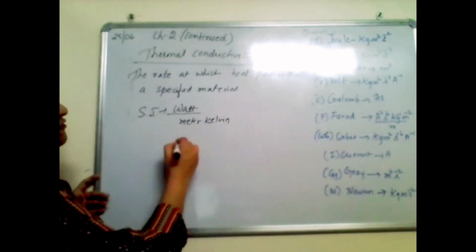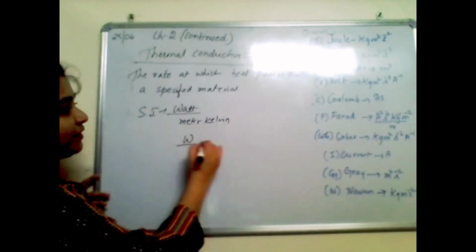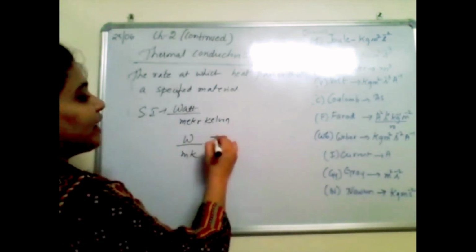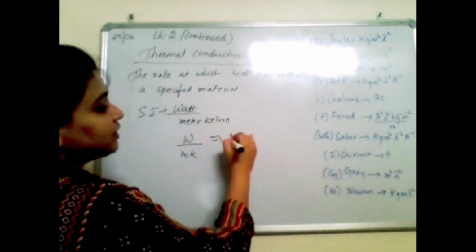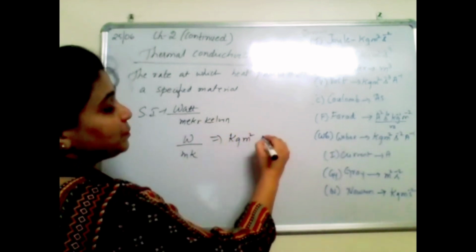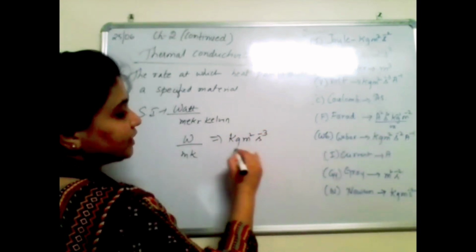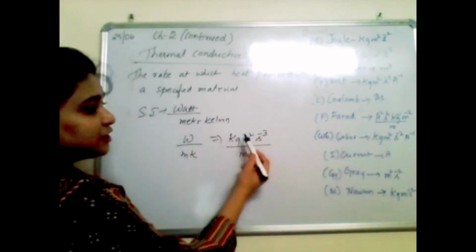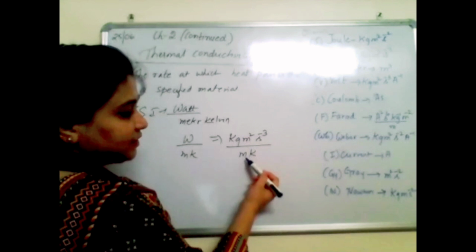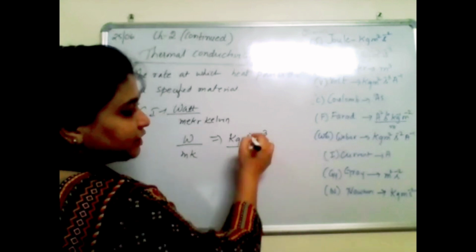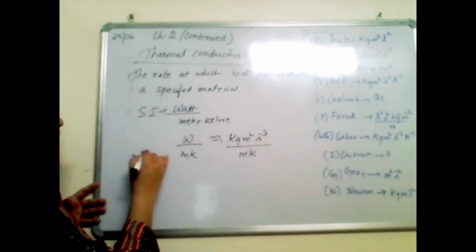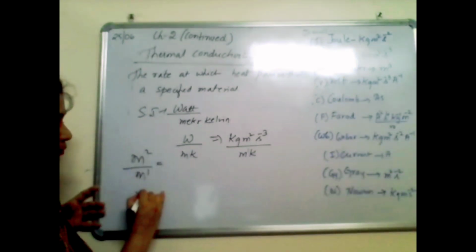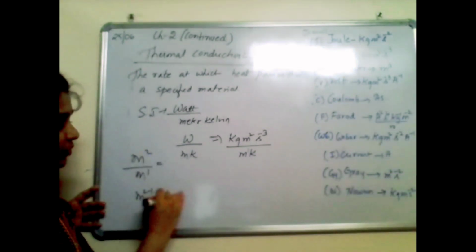So we know that watt is W divided by meter Kelvin. Watt is nothing but kg meter square per second cube, divided by meter Kelvin. Now there is meter square and there is meter, that is m raised to 1. So m raised to 2 divided by m raised to 1 is m raised to 2 minus 1, or m raised to 1.